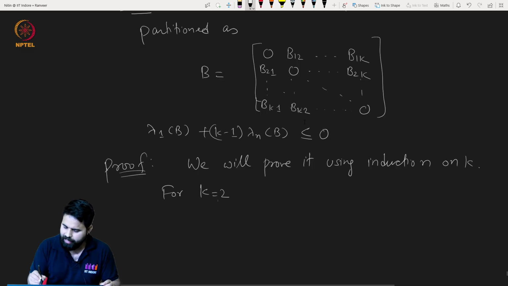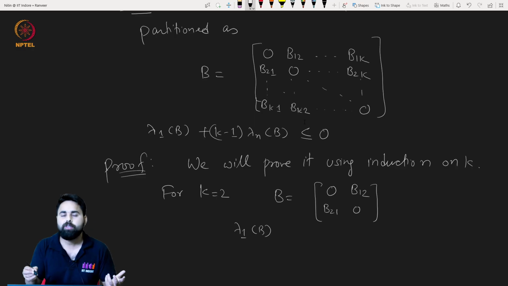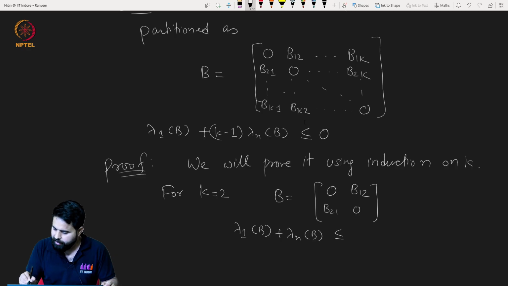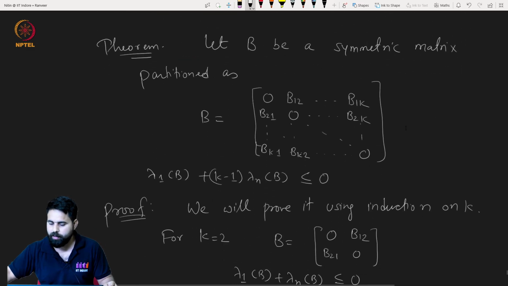It easily follows. In that case, for k equal to 2, b will be nothing but this, 0, b12, b21 and 0. So lambda 1 of b plus, now k is 2 so this will be 1, lambda n of b is always less than or equal to 0, because the diagonal entries are 0, so all the eigenvalues are 0. So this follows from the previous result. Because this will be 0 plus this will be 0.